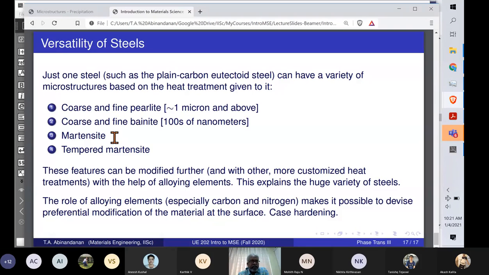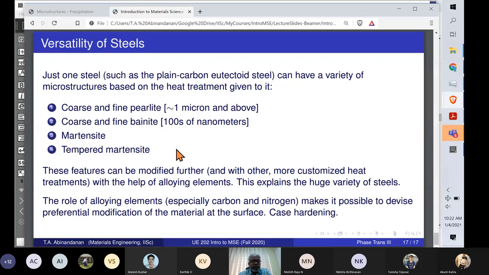Martensite itself is bad news because it's extremely hard, which is nice, but it's also extremely brittle because of the presence of carbon. There are also non-carbon martensites, which are not as brittle, but carbon-bearing materials, steels, which are quenched to produce martensite, are never used in the fully martensitic form. They are always tempered.